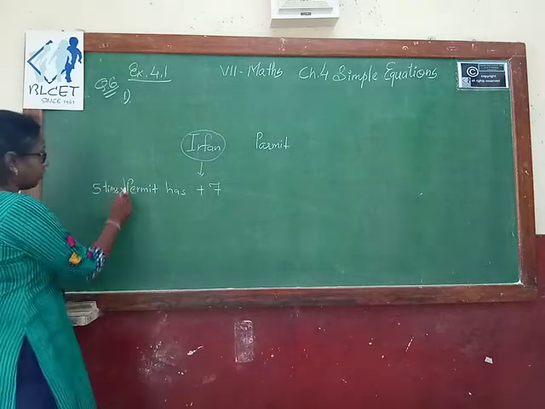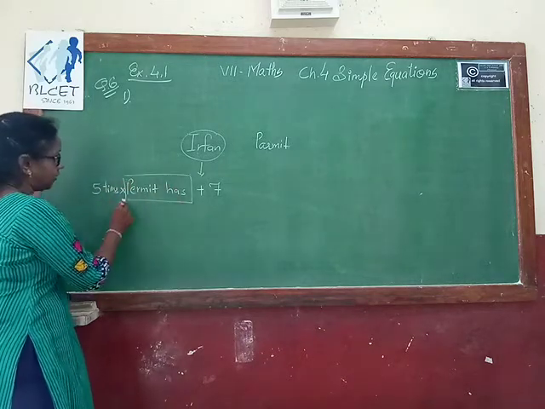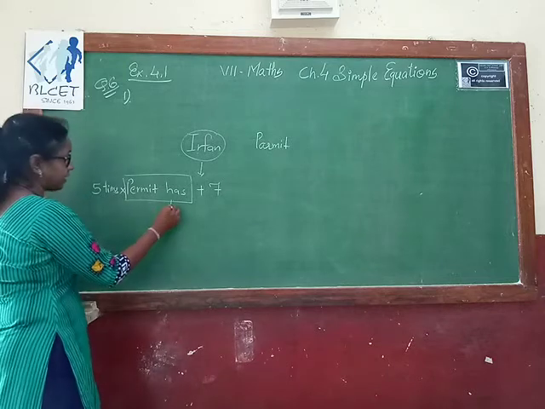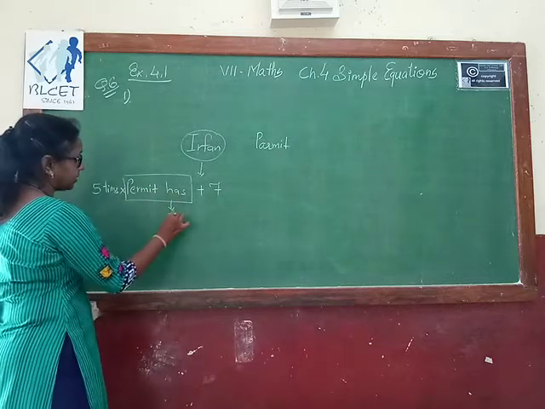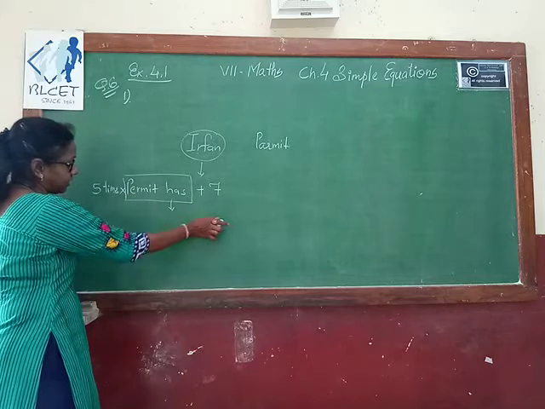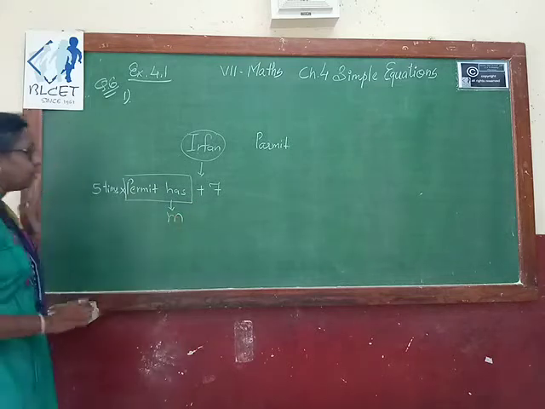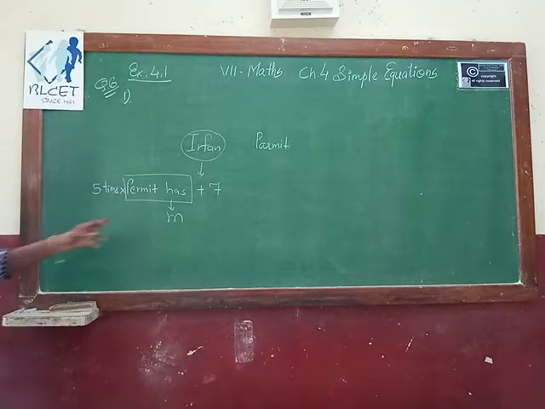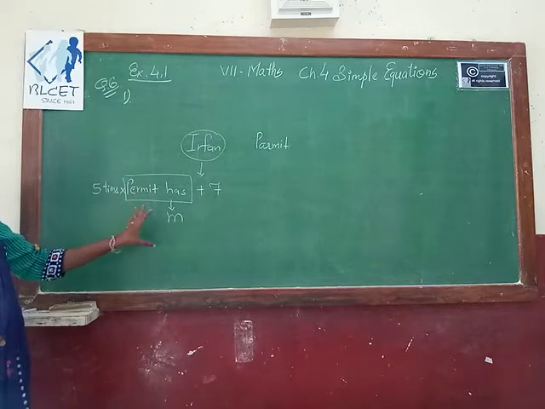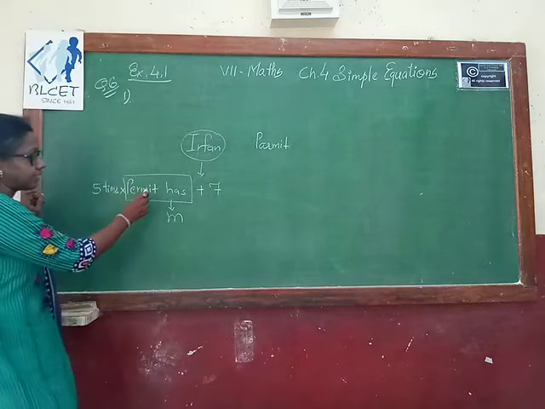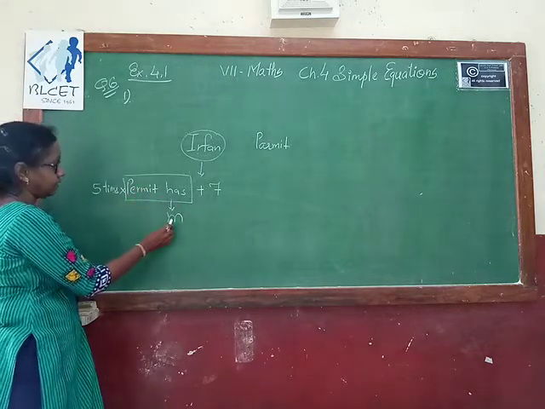So we don't know the amount of marbles which Parmeet has. So what can we consider? Let Parmeet has x marbles. But if it is mentioned in the question, you have to take n as a variable in this question. So let's consider Parmeet has n marbles.